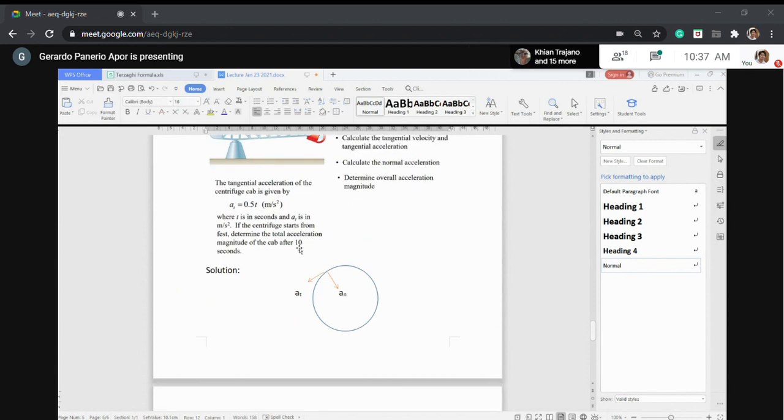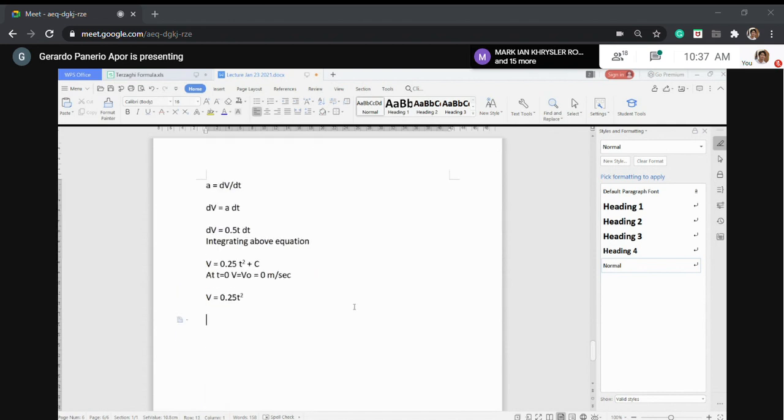Now calculate the values after 10 seconds. At t equals 10, the acceleration is 0.5 times 10, which equals 5 meter per second squared. This is the tangential acceleration.